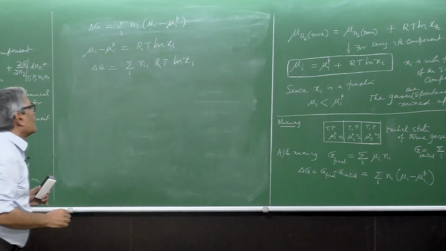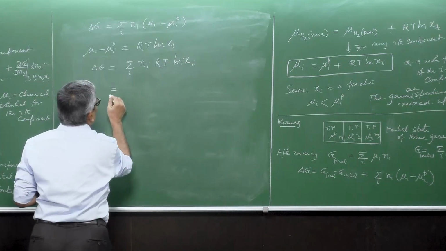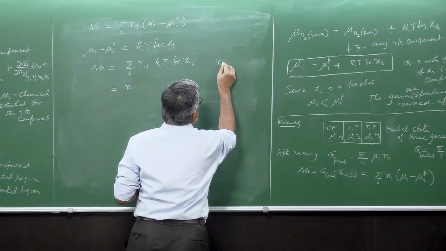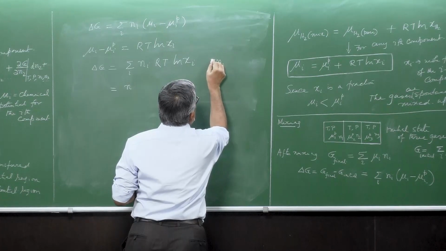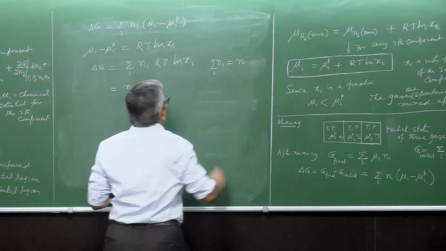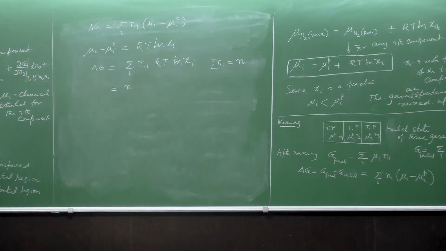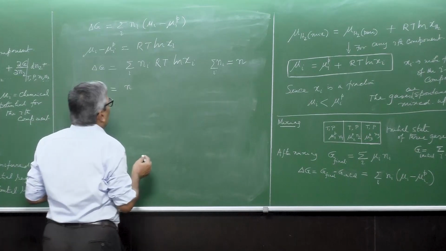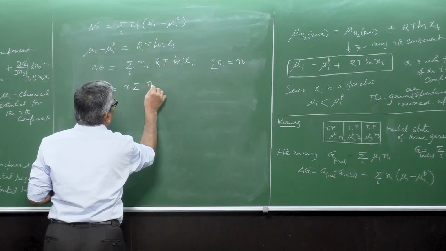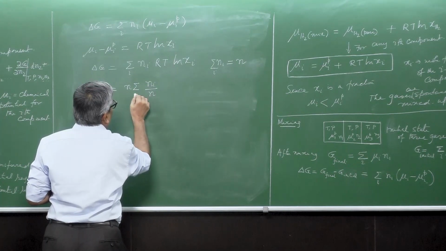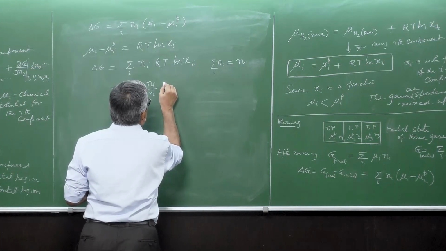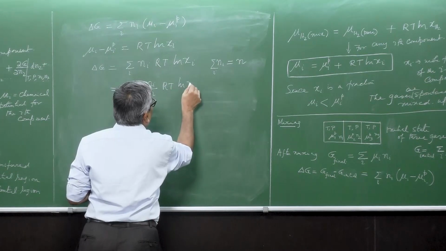xi, or I can write it in a slightly rearranged form, where I write sum over Ni equal to N, N1, N2, N3. If I sum it up, I have total N number of moles. So N is the number of moles. We multiply it and divide it by N. This is a sum over all ith components, and that is RT ln xi.